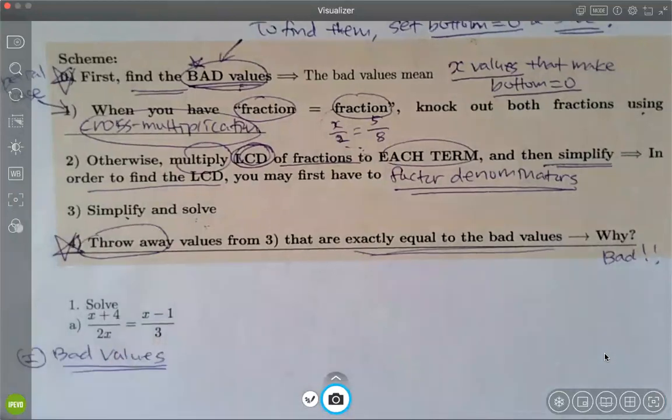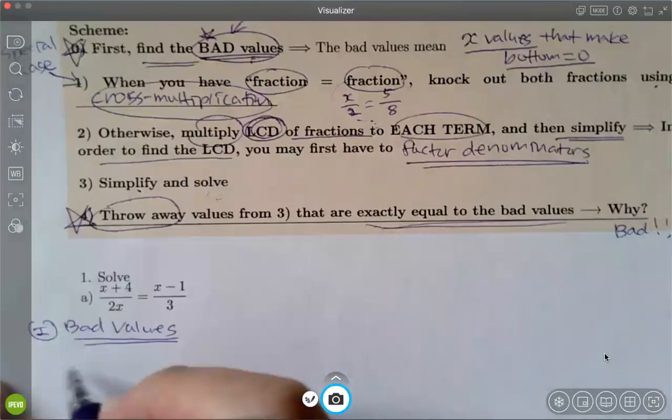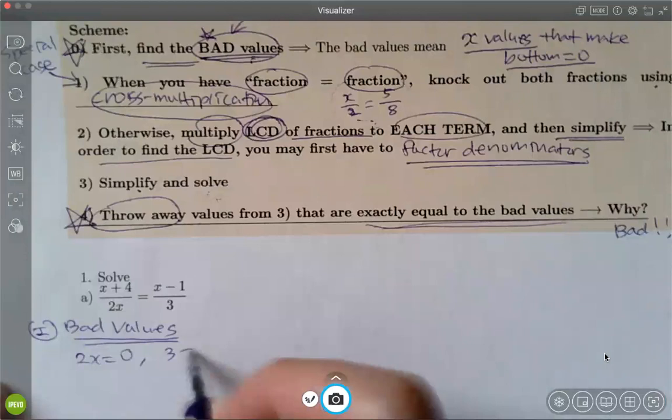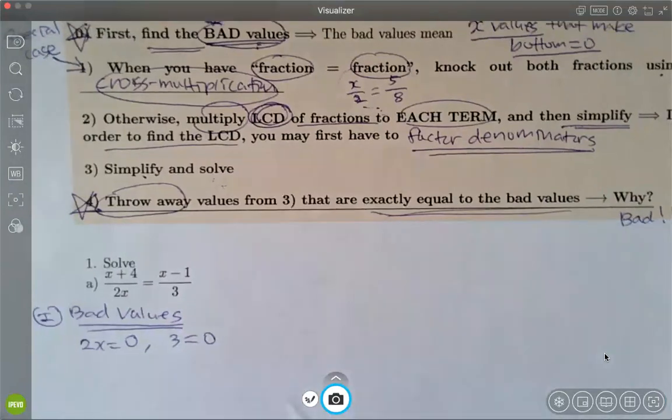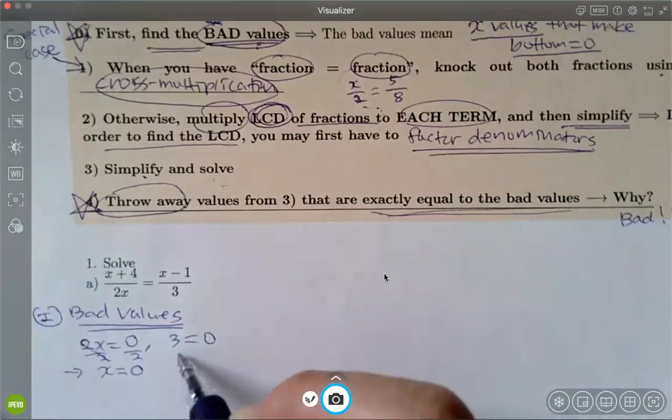So what does that mean? 2x is equal to 0 and 3 is equal to 0, right? Now, some of you may notice something funny here, but I will get to that in a minute. From 2x equals 0, what's the value of x? 0, right? Now, 3 is equal to 0. So does that mean 3 is the bad value?